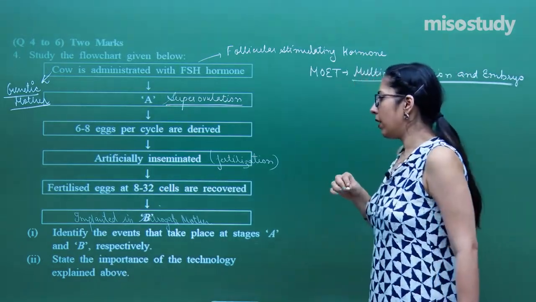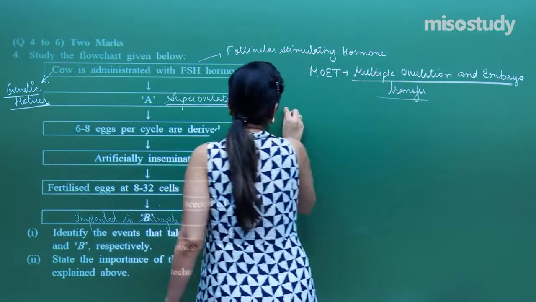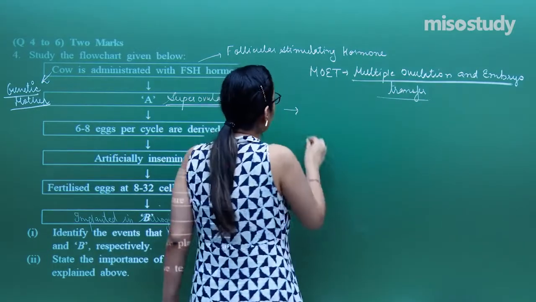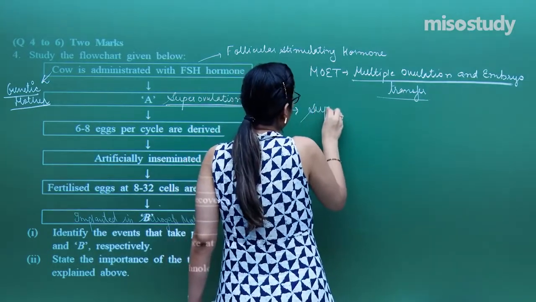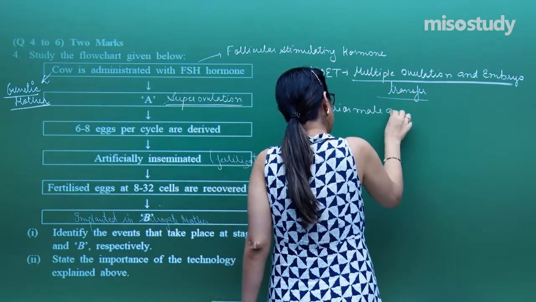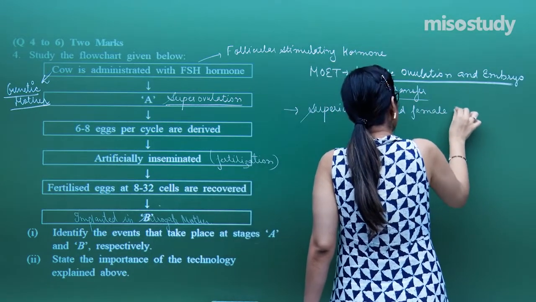Now, we have to identify the importance. In this case, what we can do, we can produce a superior female or superior male, and the female is produced.